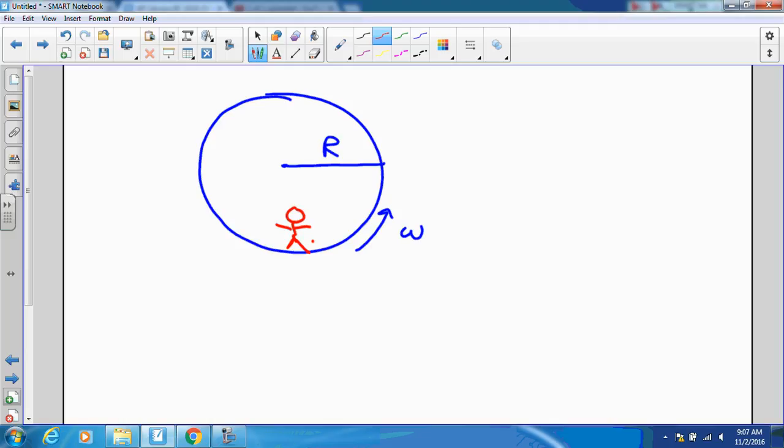So let's imagine that we have this set up like so, and we want to know now what will the person standing on the floor right here experience. Okay. So if we do this from an inertial frame, we would say that the person is going to experience a normal force pushing in this direction.